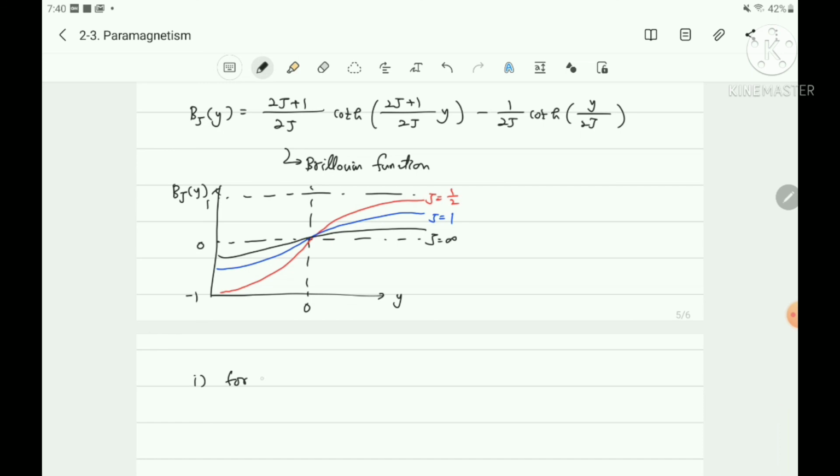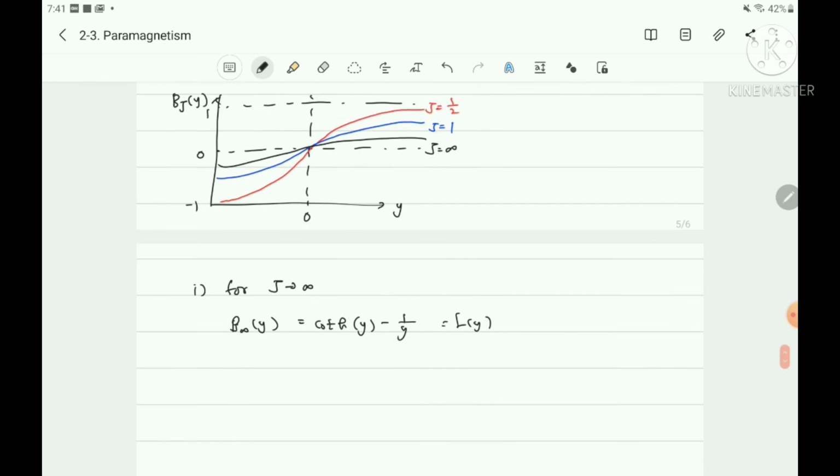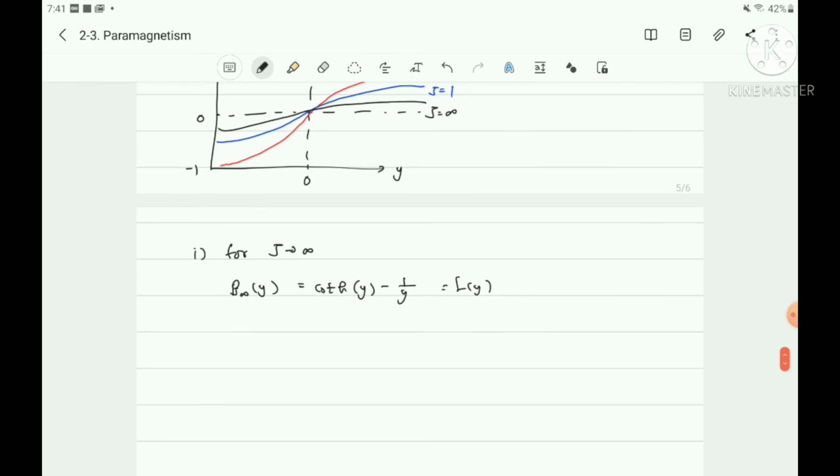Let's calculate several extremes. For j equal to infinity, the Brillouin function of y is coth y minus 1 over y, which is identical with the Langevin function. It is a semi-classical result. j infinity means a very large spin, and the spin can be considered as a continuous distribution.